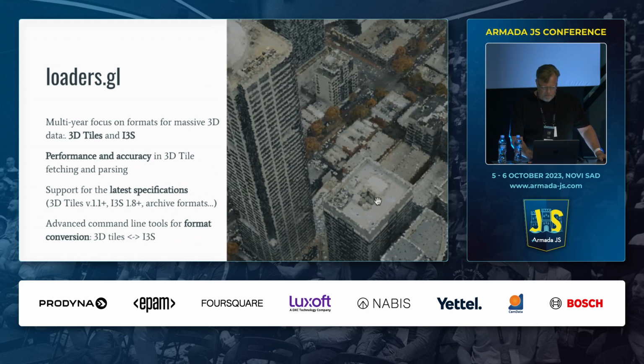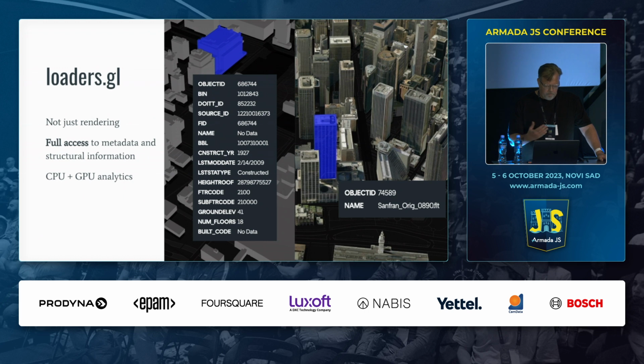And of course, it's not just about loading the data for visualization. You get full access to the metadata and the structural information. You can select buildings. You can get all the metadata on each object. You can do analytics. You could, for instance, color. Let's say that you have a set of buildings, and you can identify the different buildings.